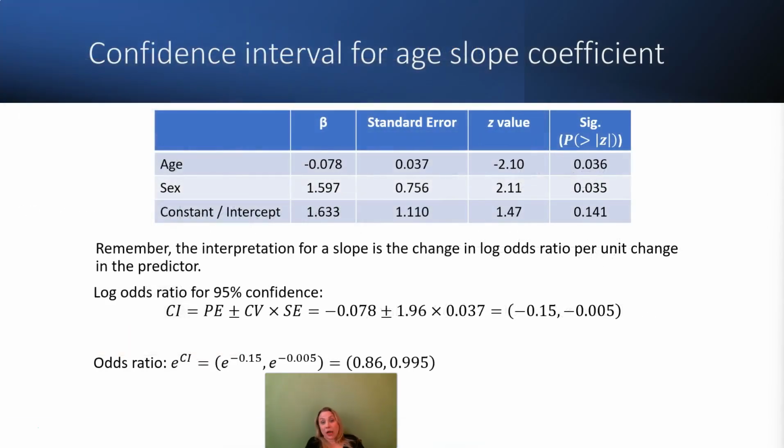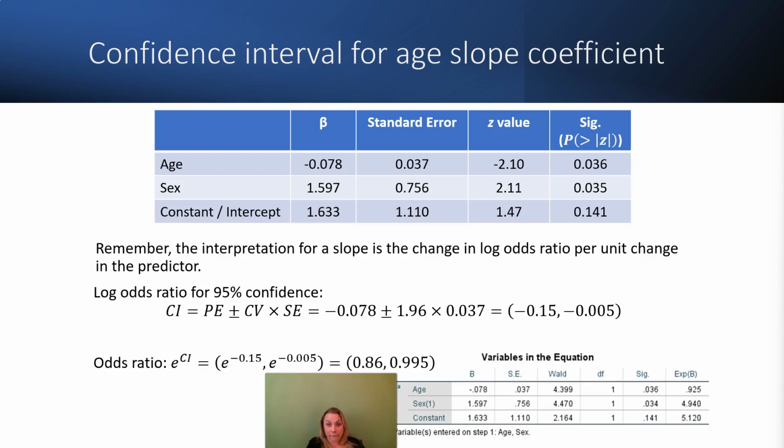If we were to look at the confidence interval for the age slope coefficient, we can calculate that 95% confidence interval for both the logit and then later also the odds ratio. What I want you to notice is that the p-value for my z statistic is the same as the significance value, which we also have as a p-value for the Wald statistic in our SPSS output.